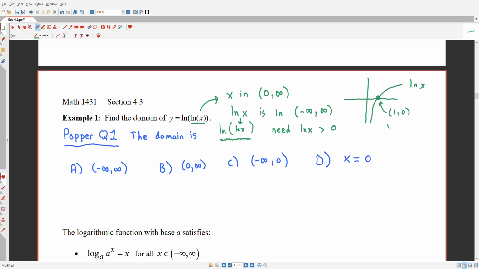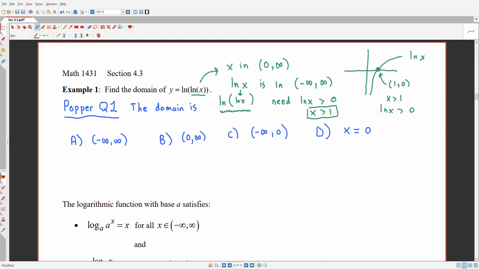So if x is bigger than 1, then the natural log of x is bigger than 0. So that's what we need. We need x bigger than 1. And if you look at my answer choices, I did not give you that answer choice. I promise not to do that very often for these poppers, but the correct answer choice is going to be E. X can be any number bigger than 1.